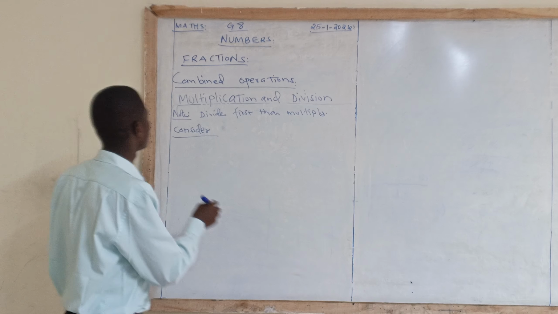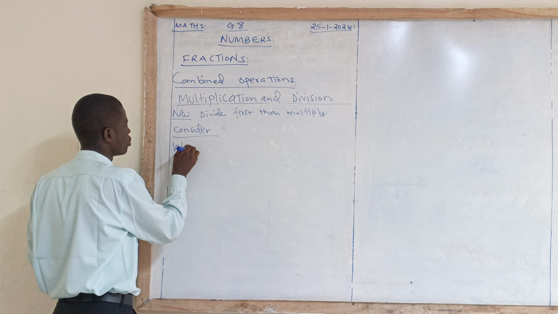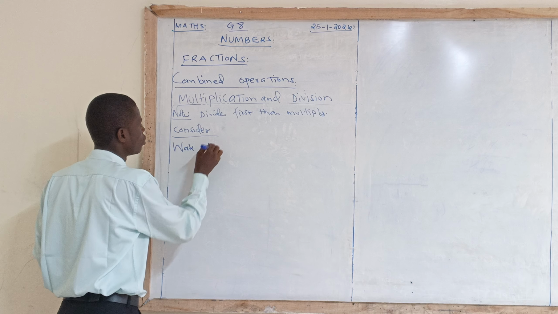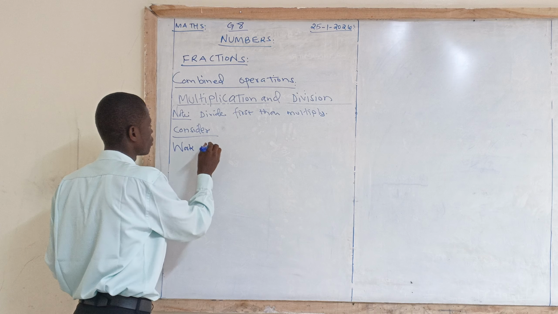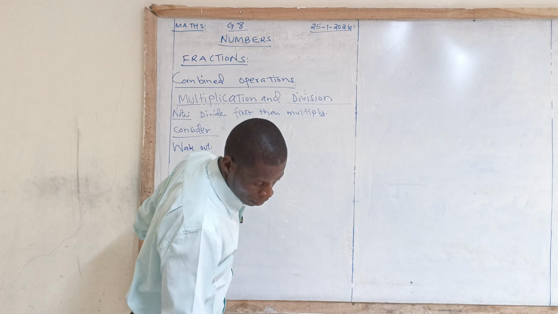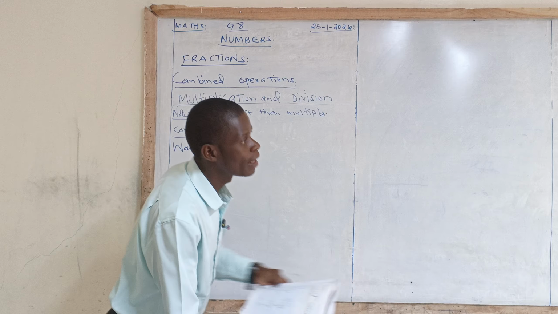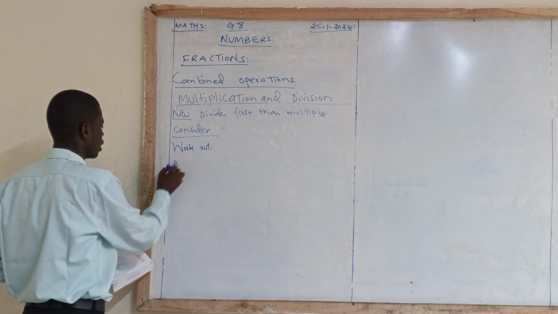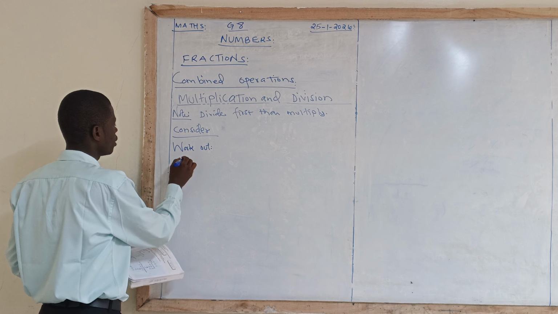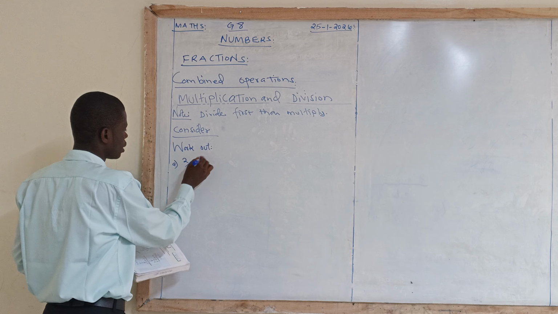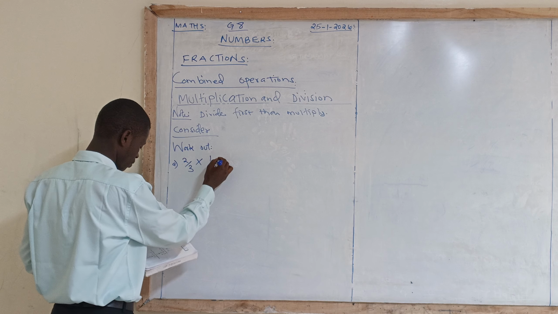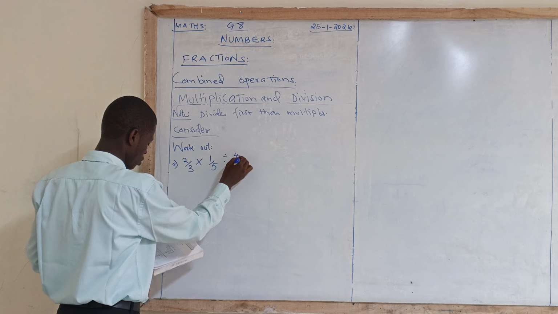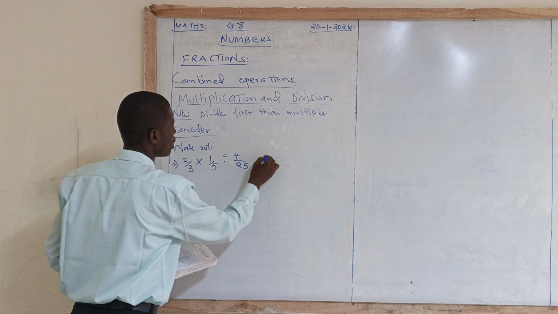Work out: A. I have 2 over 3 times 1 over 5 divided by 4 over 25.